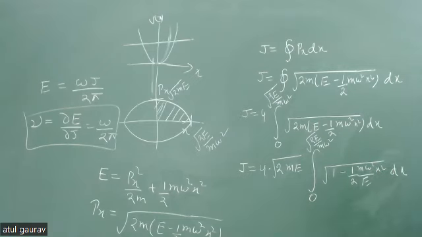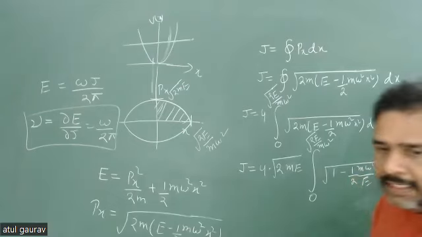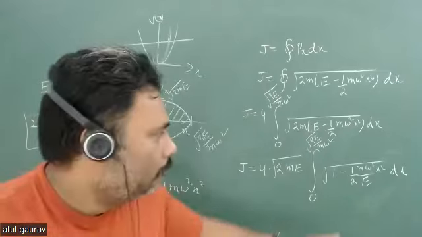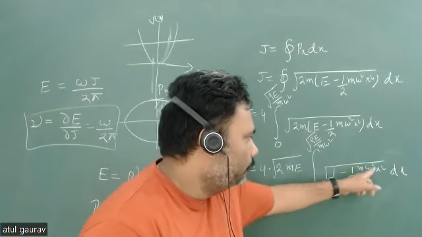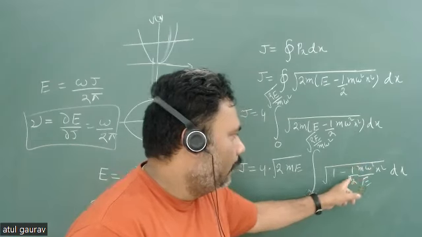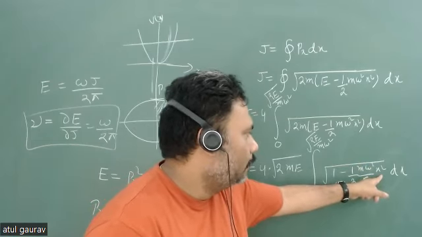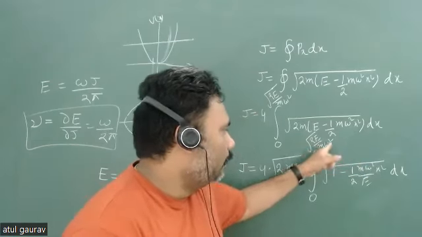Now look carefully. Whenever you do this thing, this particular thing has dimension of length, then this particular thing has dimension of 1 upon length square. Then only it will become dimensionless. Are you getting my point? This thing has dimension of length square and this thing has dimension of length. This thing is also dimension of length.